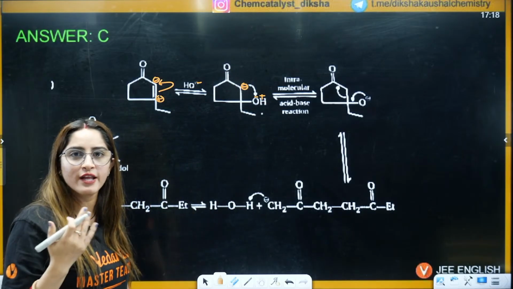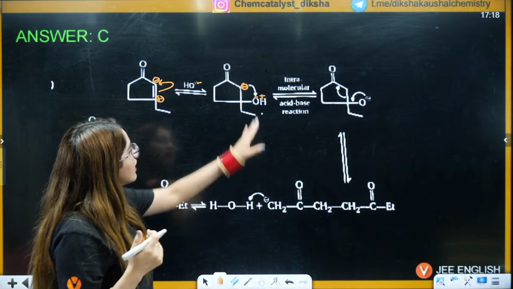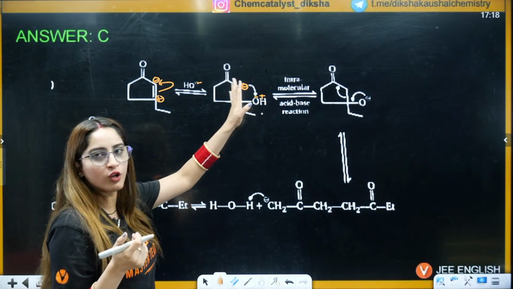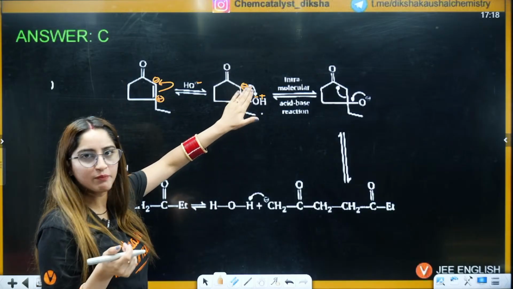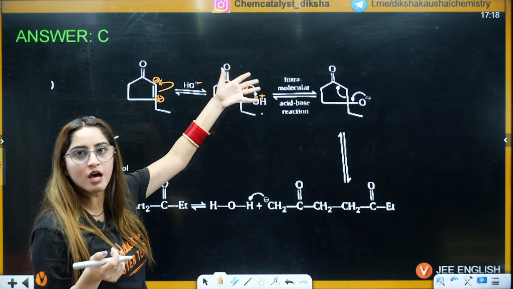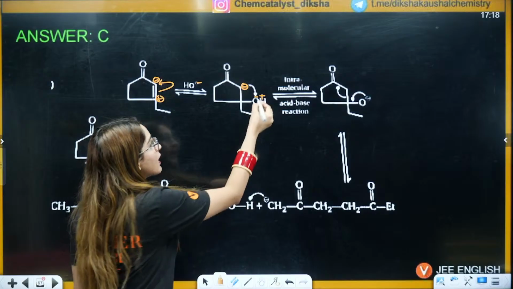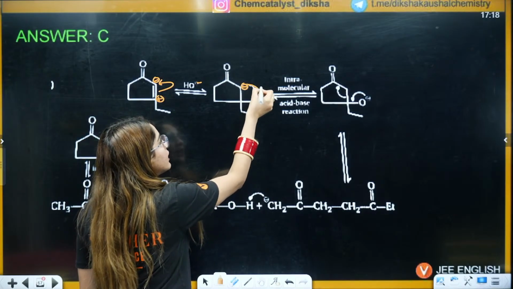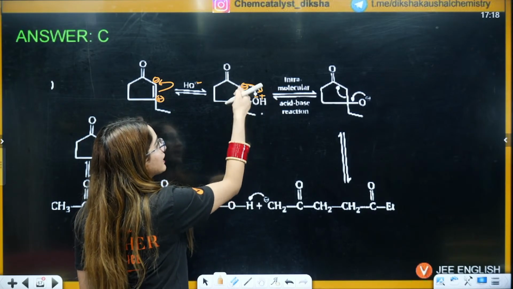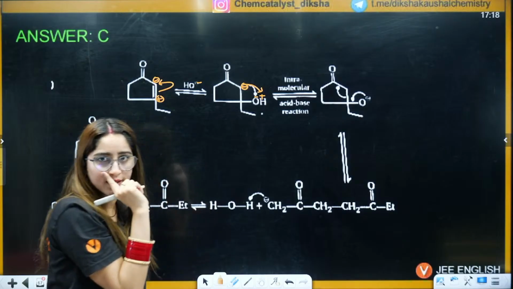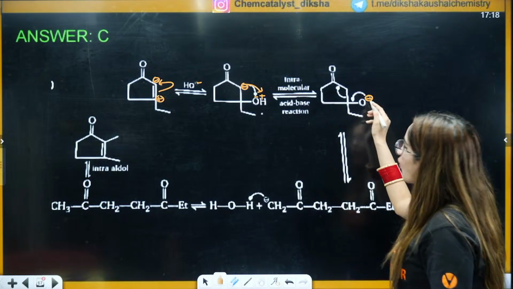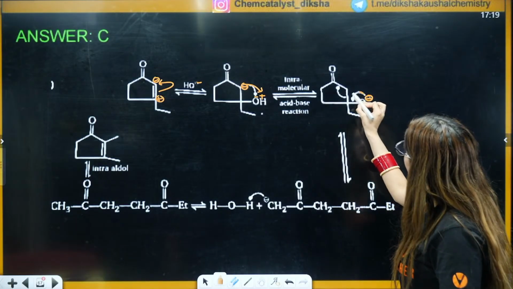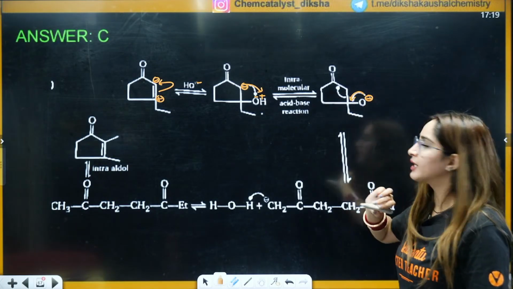Proton is not a very difficult guy. Not at all a sigma male. So H positive will jump, that means an intramolecular proton transfer will happen here. Once the proton has shifted, here you will have O negative, here you have H. Now this O negative will shift to this side, making a double bond.